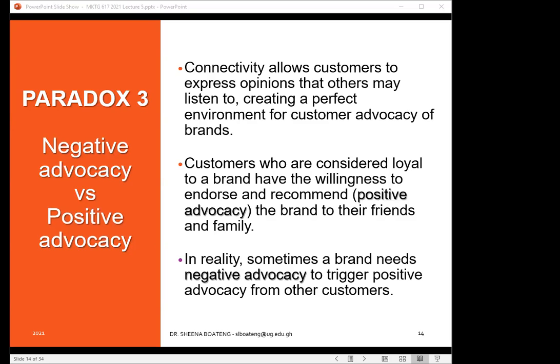Because when there is so much positive advocacy and no balance between it and negative advocacy, which to some extent may involve some level of critique, it does not sound genuine, and our brand does not look credible in the eyes of online users. Please, does it make sense?